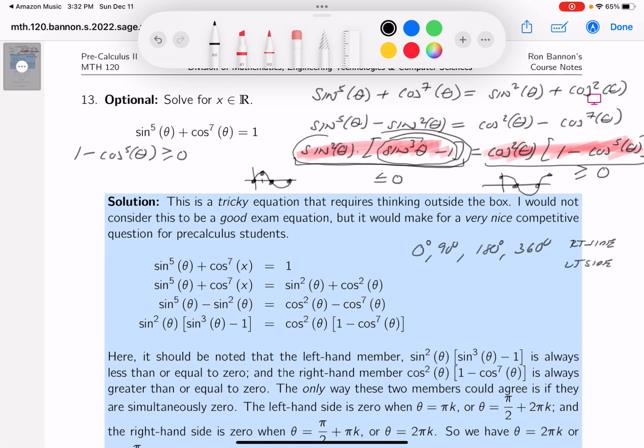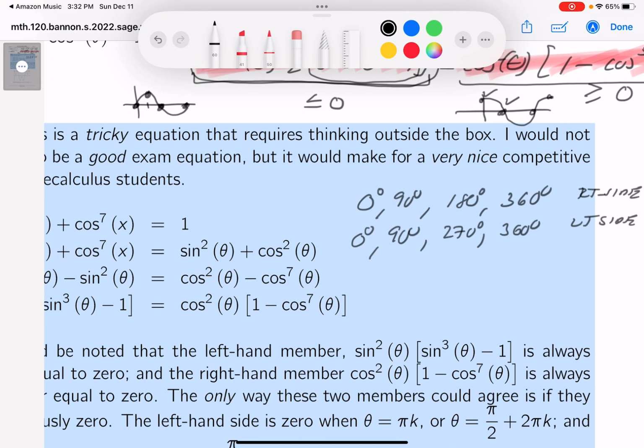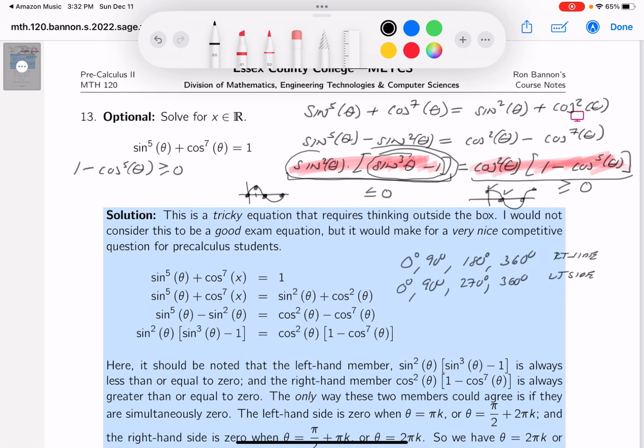Well, let's write this down: 0 degrees, 90 degrees, 270, and 360. Again, this is where things are starting to repeat themselves. So let's talk about where they overlap. Certainly at 0, they agree there. And at 360, but that's sort of a repetition.